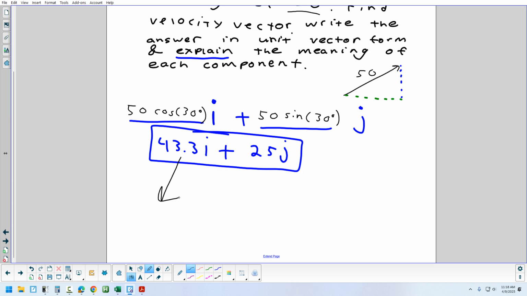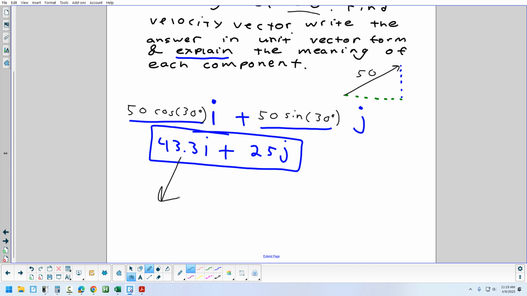It's the speed of the object horizontally. If you were standing in front of this object and you had a radar gun and you pointed it right at the object coming at you, it would say it's coming at you at 43.3 miles an hour. It wouldn't say 50.